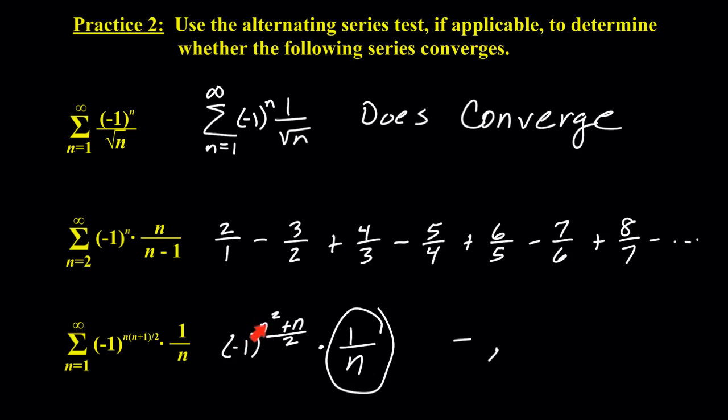If you put 2 in here, 2 squared is 4 plus 2, which is 6, 6 divided by 2 is 3. -1 to the third power is a negative value. Well, negative means that our terms are not alternating signs. It is not strictly alternating. Therefore, this does not converge based upon the alternating series test.